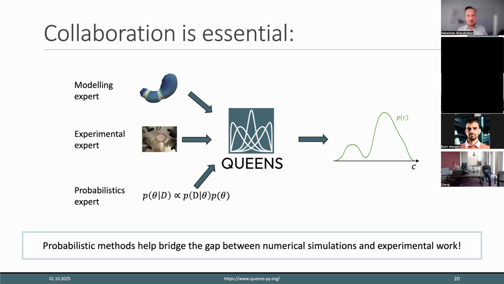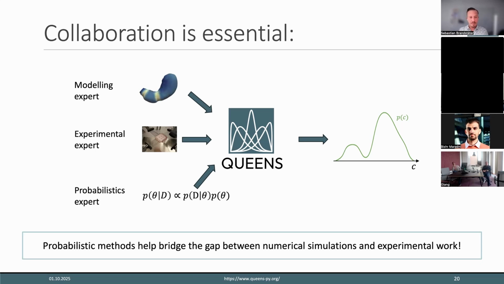You will have a modeling expert who has developed this advanced, really nice model, but we don't maybe know the parameters yet. So we want to combine that and we want to identify the model parameters, for example, from the experimental data. And one of the approaches that is very capable and promising is this probabilistic Bayesian inverse analysis. And so you also need an expert on doing that.